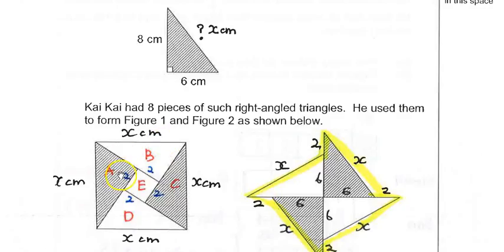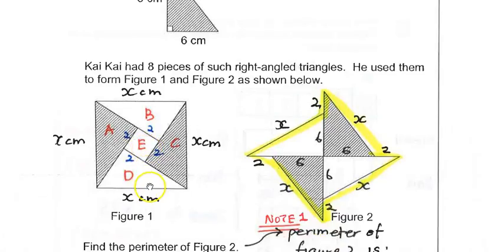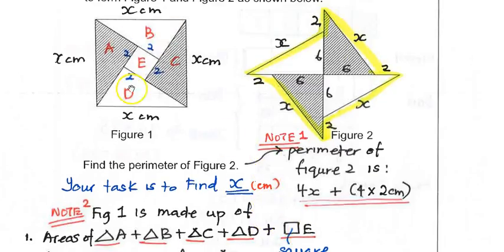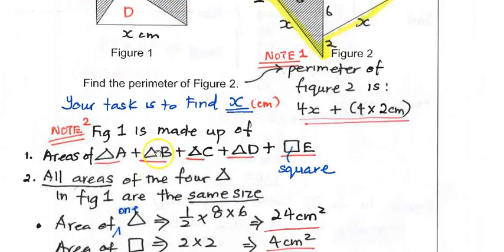Now, this whole thing over here, let us see what is the area of this whole thing, including E here. Now, this triangle plus 1 square E makes up the area of this whole thing. Next, all areas of 4 triangles are of the same size.